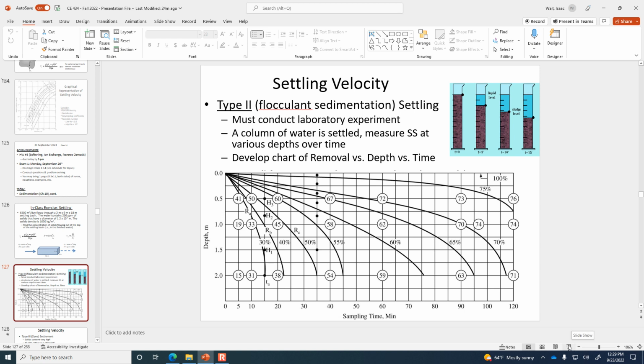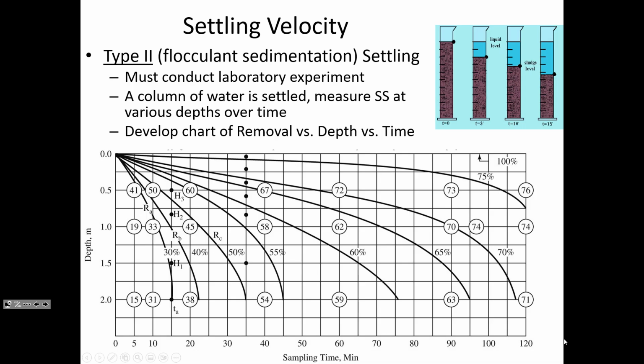And so in type 2 settling, the particles are getting faster because they are bumping into each other, and the way that you would estimate the effect of this type 2 performance, where the particles are actually growing as they're in the settling basin, is you just have to do a bench scale experiment where you take a sample of the liquid that's being settled, and you would, over time, measure how much of the removal has occurred at a certain depth.